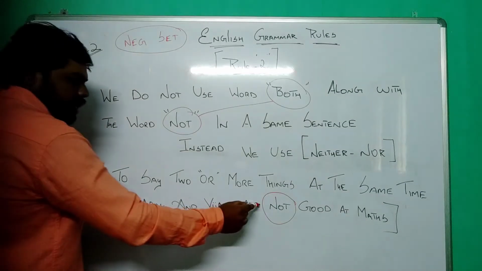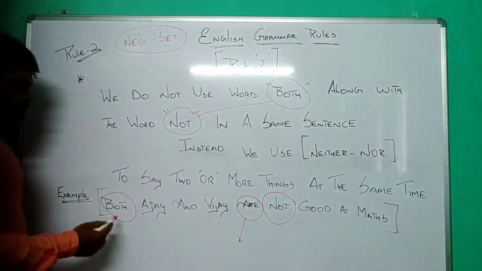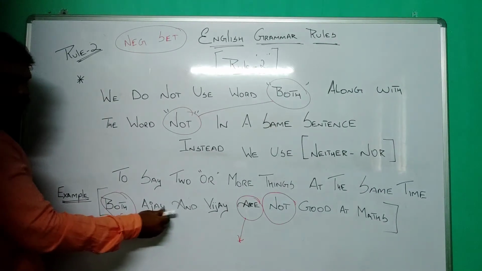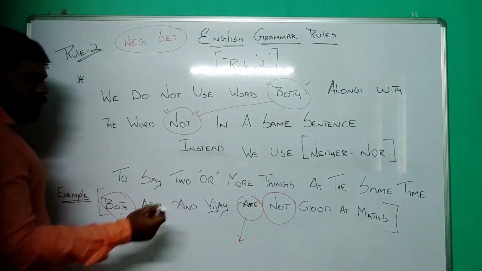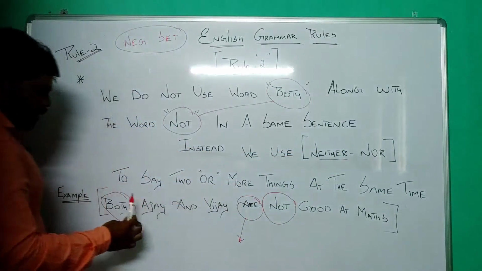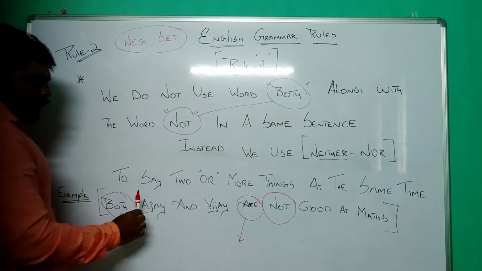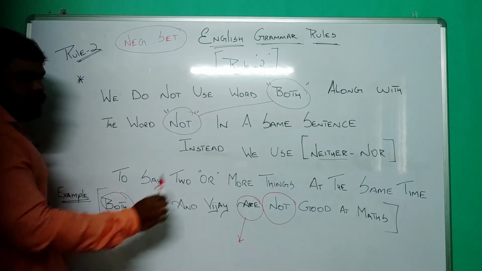We use is instead of are because both is a word which represents both Ajay and Vijay, right? But neither nor is a word which indicates either Ajay or Vijay. It represents only one person at a time.